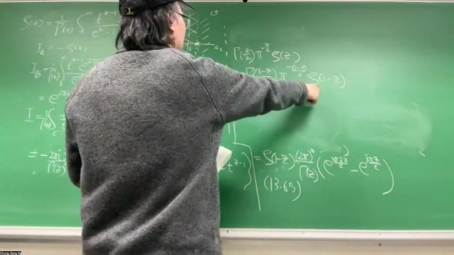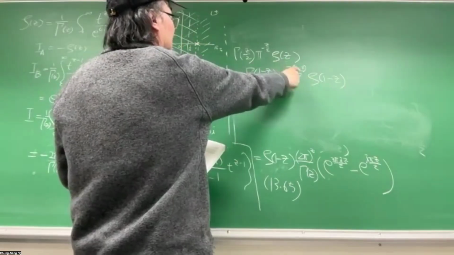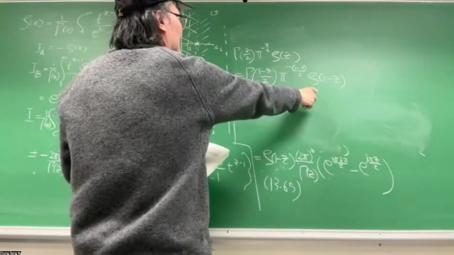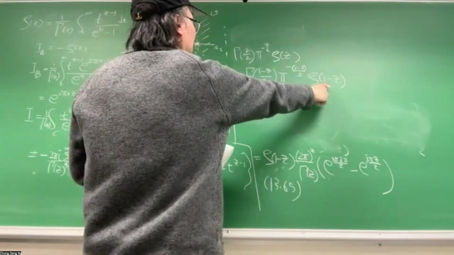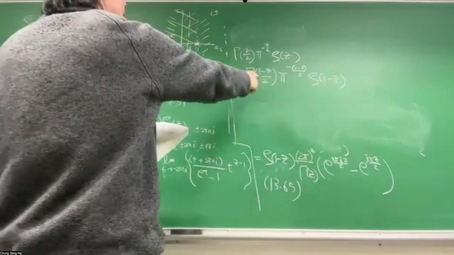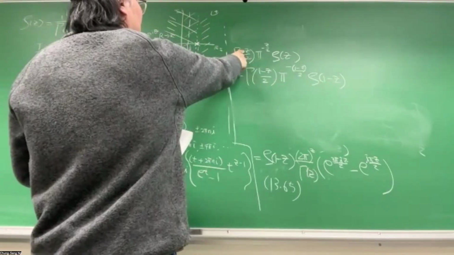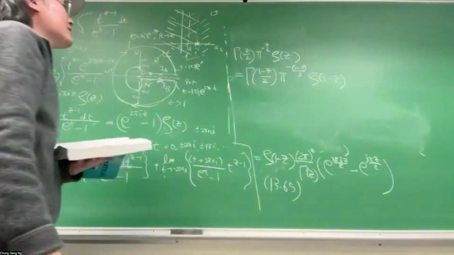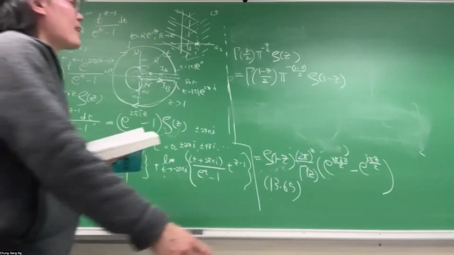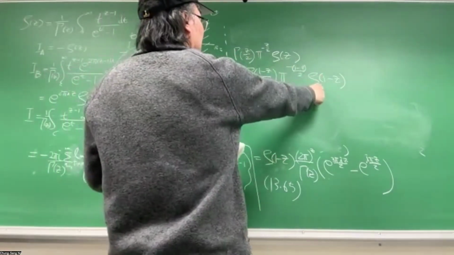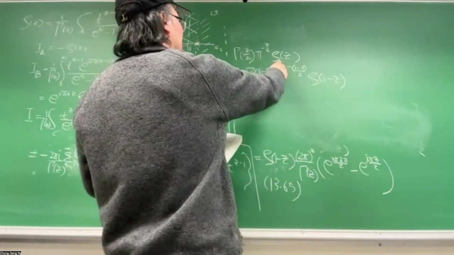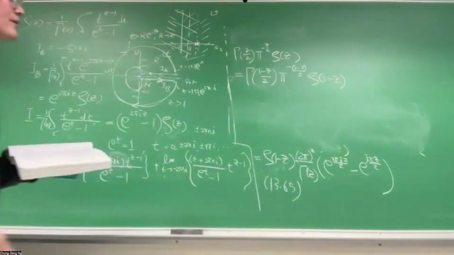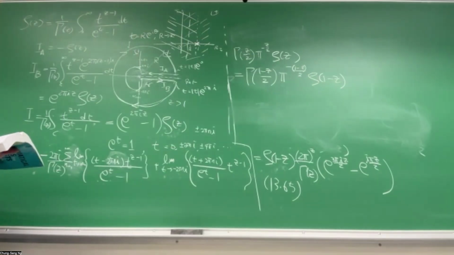gamma 1 is singular, but gamma 0 is not necessarily singular, because for z equals 0, the gamma function at 0 is also singular. So both the gamma function and the zeta function are singular. It turns out the singularities cancel. The zeta at 0 is actually finite.